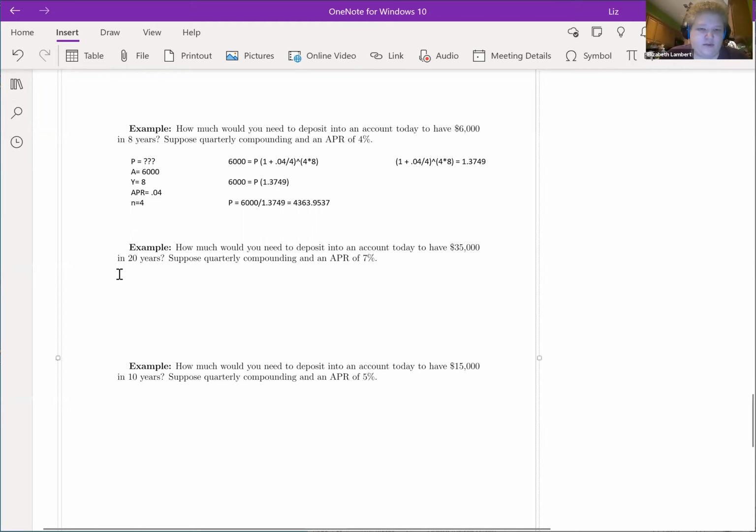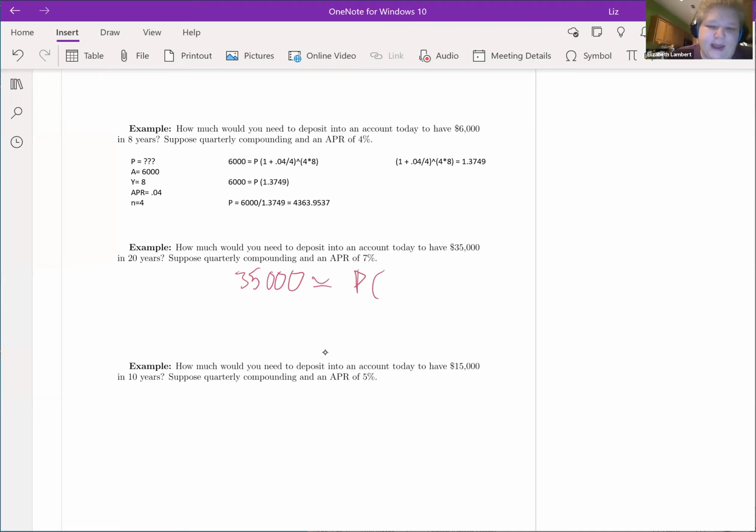So again, our same kind of setup. So we're going to have that equation set up. So if I got 35,000 that I want to have, my unknown principal, and then 1 plus 0.07 over 4 raised to the 4 times 20.